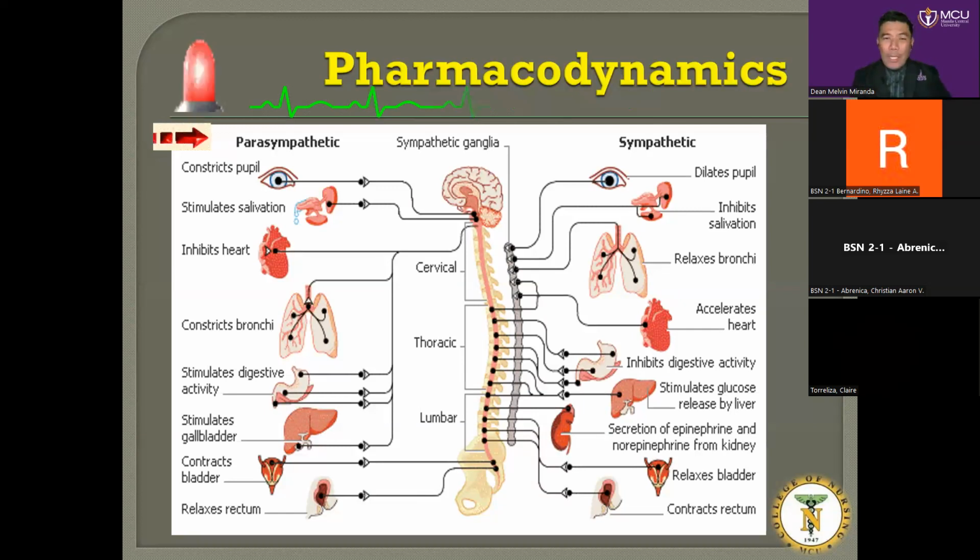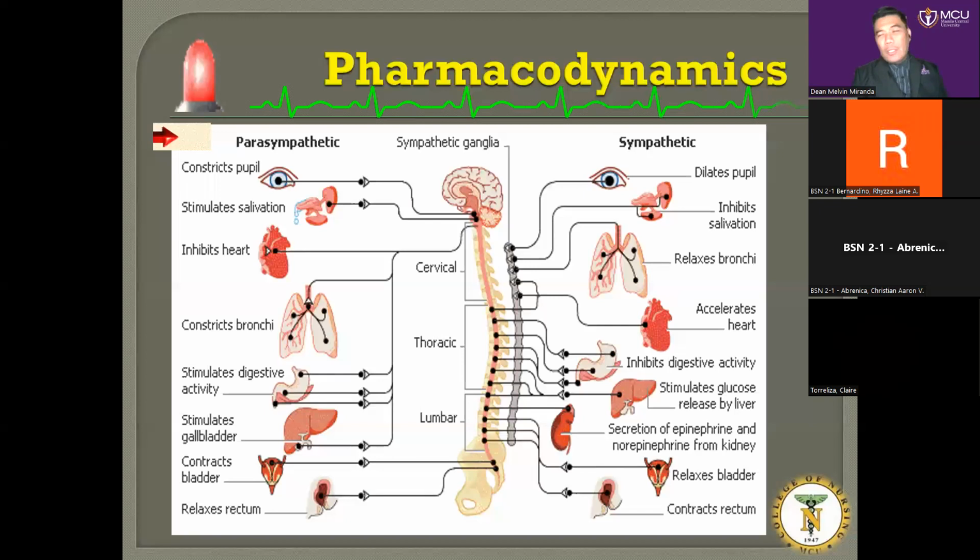When you attend to a patient in the emergency room, obviously when a patient experiences cardiac arrest, you will need to revive the patient. Okay? You will definitely perform cardiopulmonary resuscitation. And in the performance of the cardiopulmonary resuscitation, we also need to administer emergency drugs.